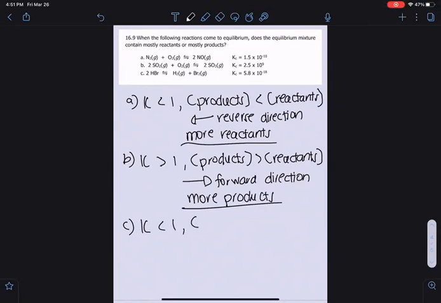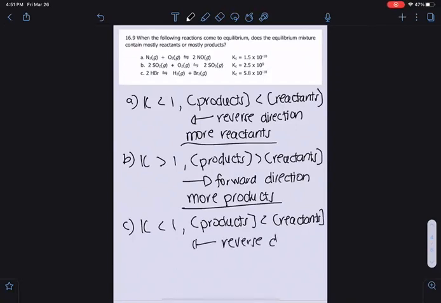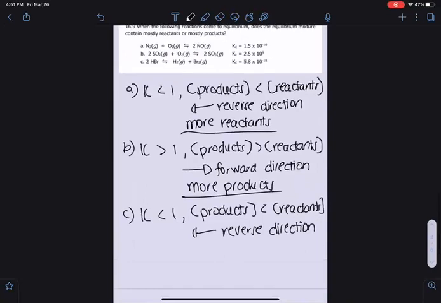And if K is less than 1, we know that the concentration of the products is less than the concentration of the reactants, and that this reaction wants to go in the reverse direction. And if the reaction wants to go in the reverse direction, it will ultimately produce more reactants.